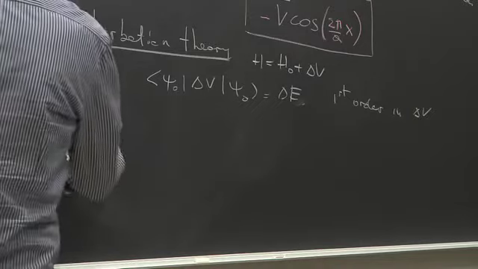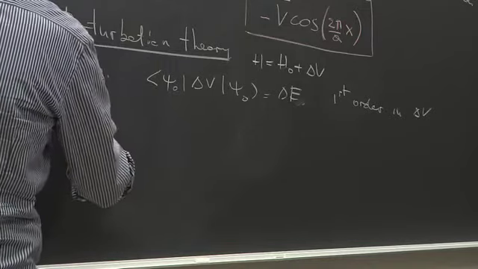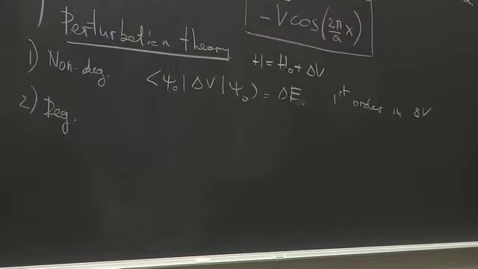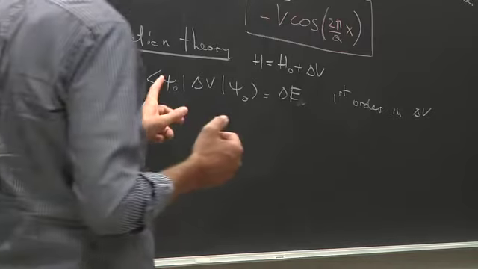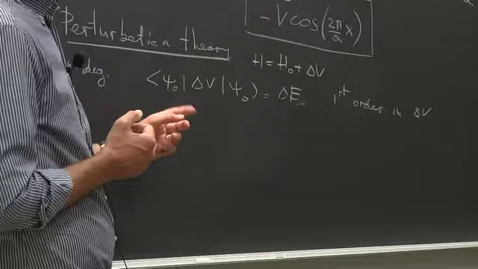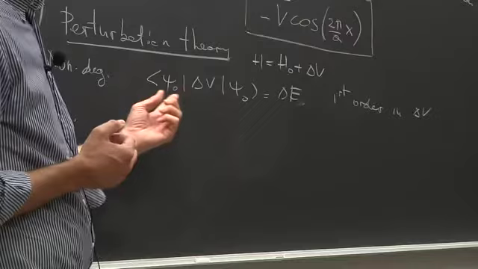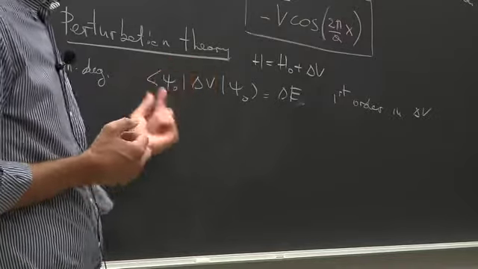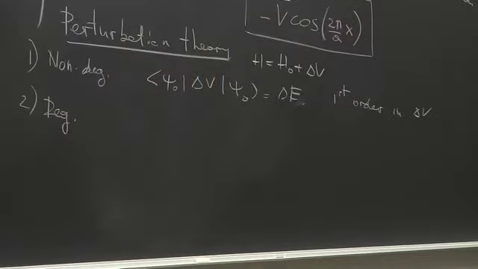For degenerate states, it's a bit more complicated, because for degenerate states, if you are within the manifold, a degenerate manifold, 2, 3, 4, n degenerate states, that is states with the same energy, it's not enough to just apply this rule, but you have to construct a matrix of delta V with all the wave functions that are inside that degenerate manifold.